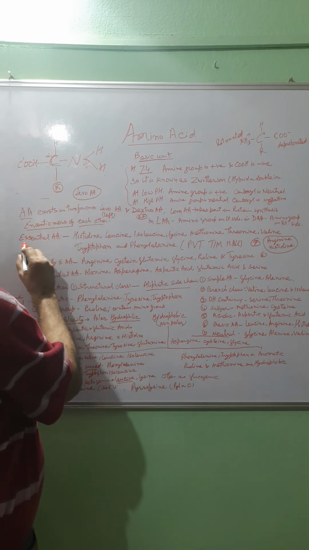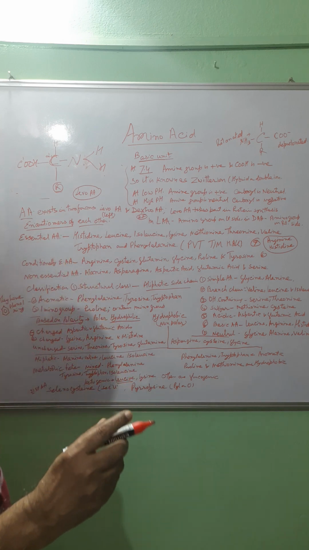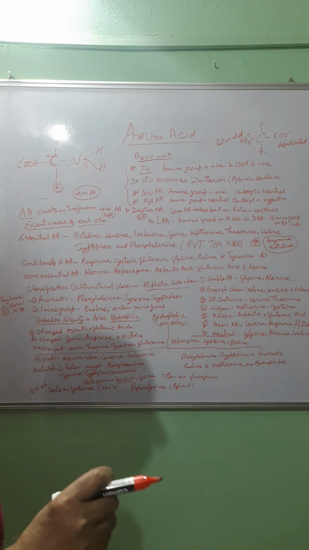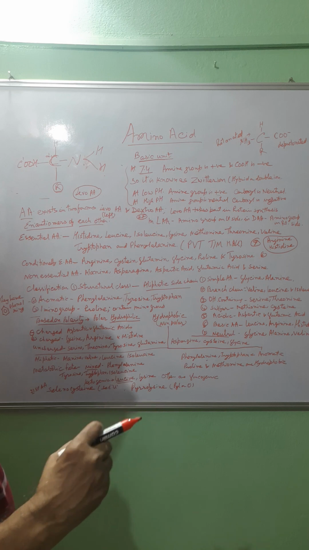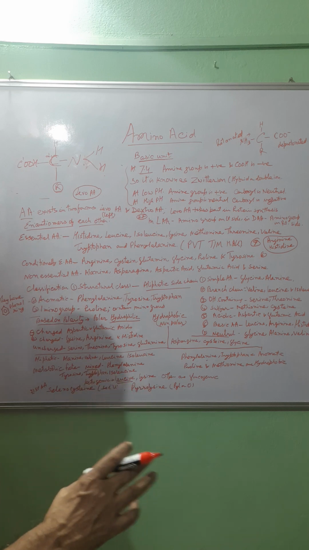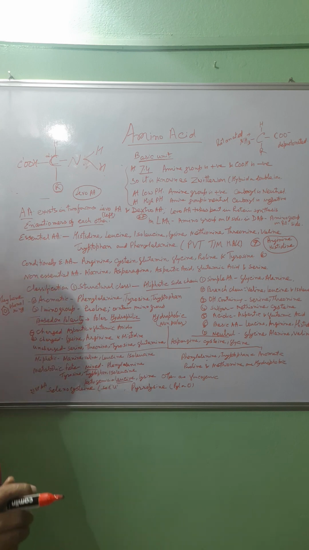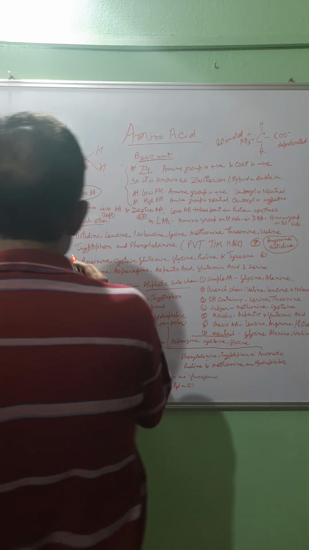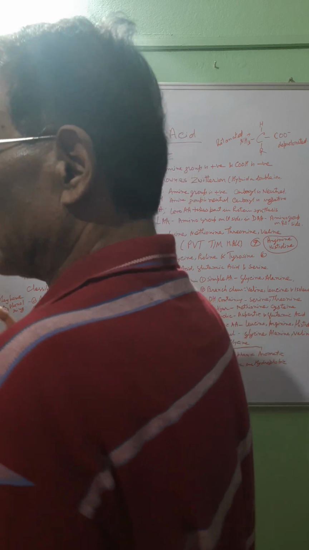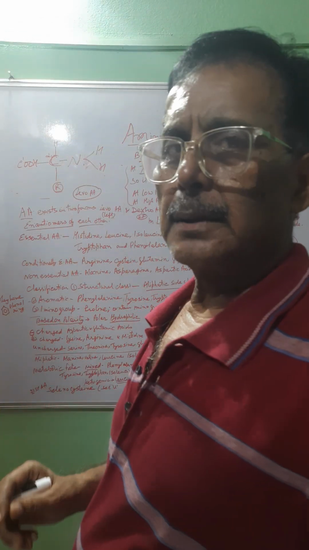This is a structure, and these amino acids are divided into three major groups: essential amino acids, conditionally essential amino acids, and non-essential amino acids. Essential amino acids are essential for the body and are not synthesized by the body.